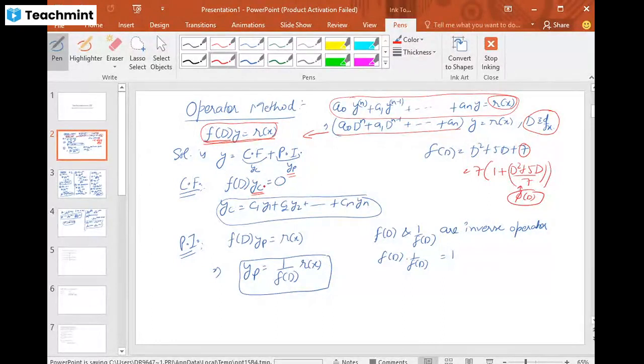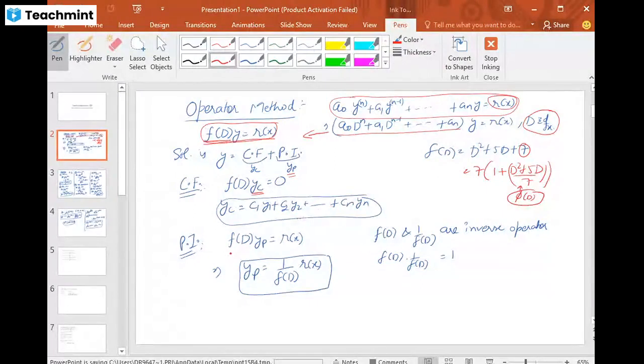Because it is an nth order differential equation, its complementary solution has n linearly independent solutions, and the general solution is the linear combination of these n solutions, c1y1 plus c2y2 plus and so on up to cnyn. Because the order of the differential equation is n, it has n arbitrary constants in the general solution.